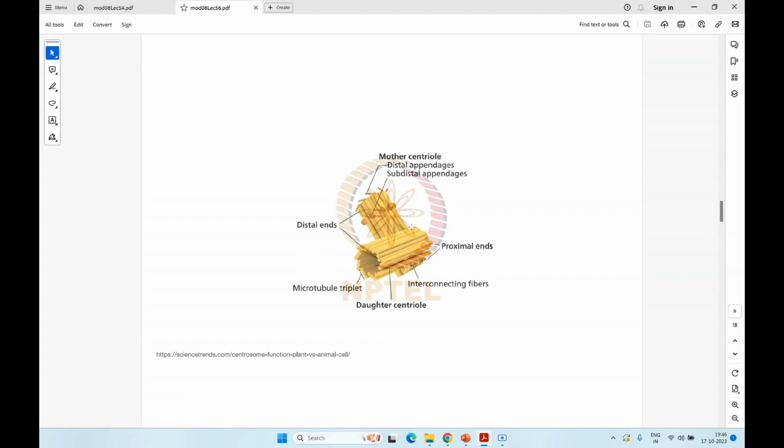So basically, these are made up of microtubules, and they have a 9+0 conformation, in which this one triplet is one. So there are nine such repeating triplets present throughout the centriole.